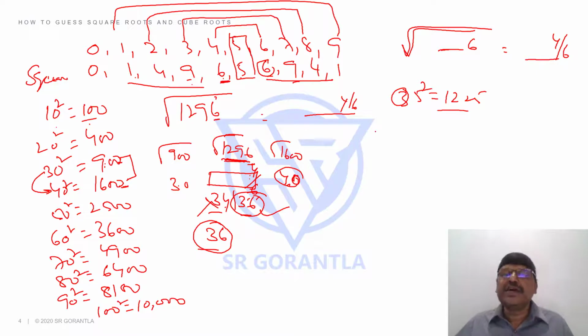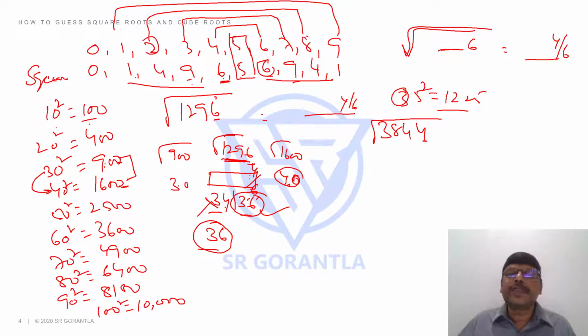Right, let's see one more example. 3844, can you please guess what is the square root? Without writing you should say. So 4 is there, which means it should end in 2 or 8. 3800 is between which two hundreds, 60 and 70? So you can see 3600 and 4900. 3800 is between them, which means my answer should be between 60 and 70.